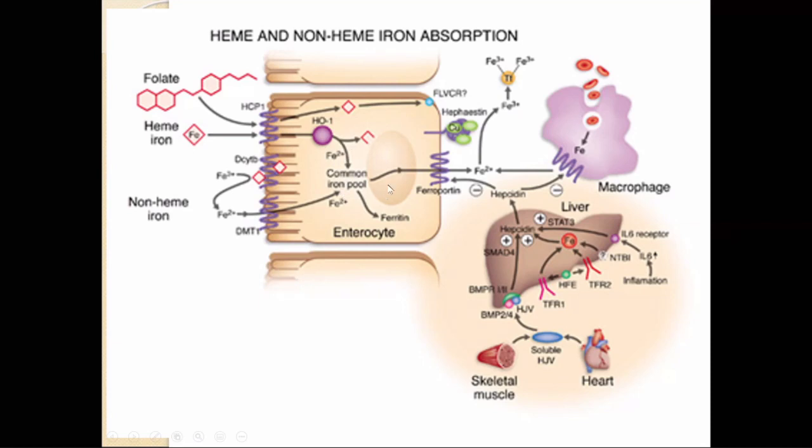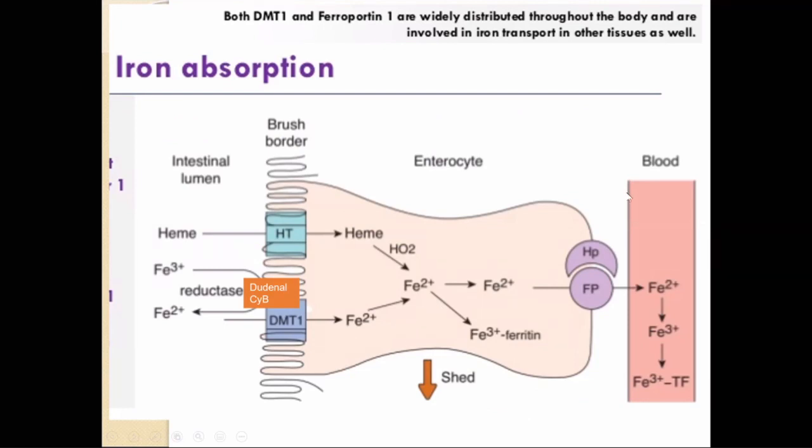It's transported through the carrier protein called ferroportin across the basolateral membrane, and then it's converted by hephaestin into ferric, bound to transport proteins, and transported to the liver and other sites. And hepcidin, which is primarily produced by the liver, has a negative feedback on the expression of ferroportin and even DMT expression.